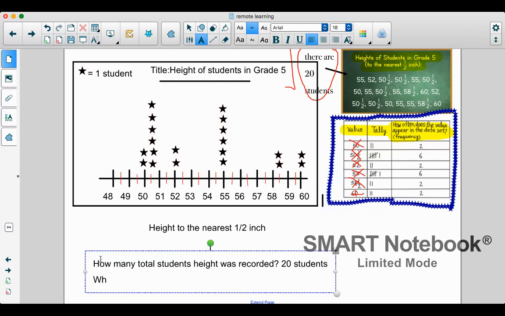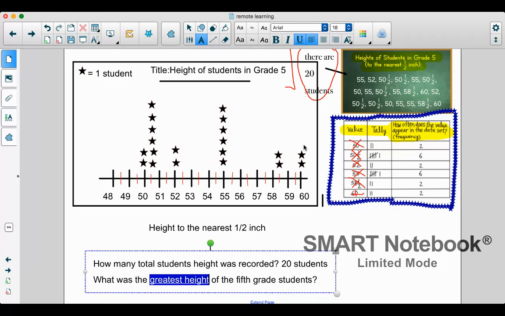Now we could say, what was the greatest height of the fifth grade students? 50.5 inches and 55 inches both have 6 students that are that measurement. But that's not what this is asking. It's asking the greatest height. Okay, our greatest height is 60 inches.